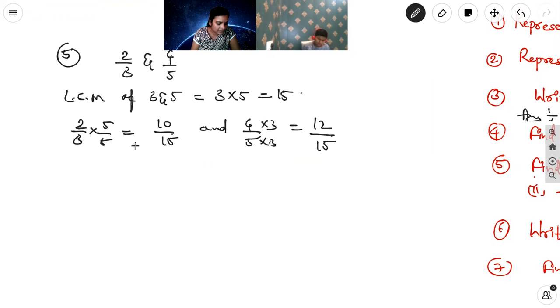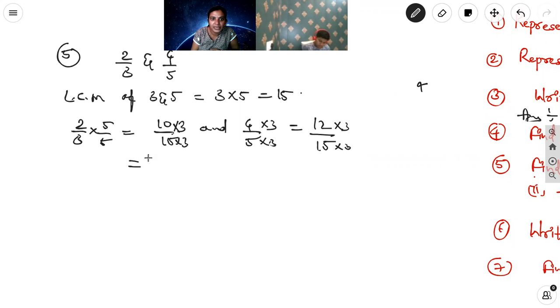See here, they are asking for 5 rational numbers, but in between 10 and 12 we are getting only 1, which is 11. What we need is 4 more numbers. So multiply with 3, into multiply with 3.